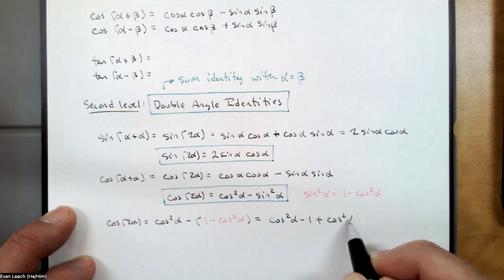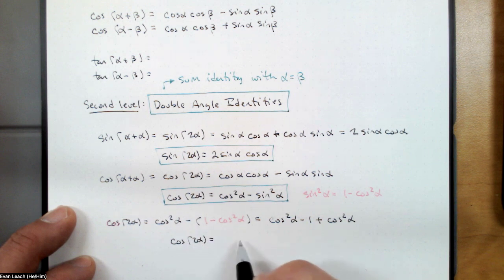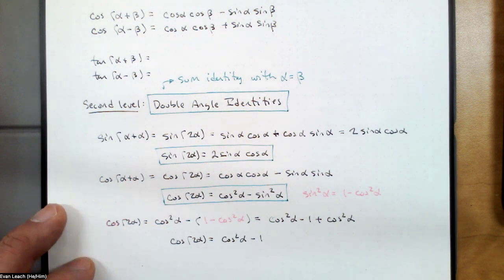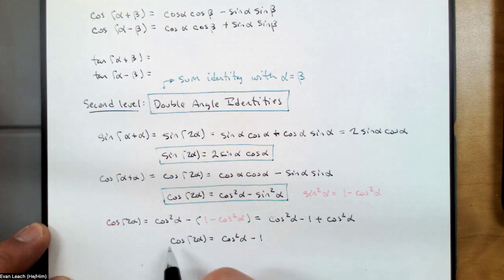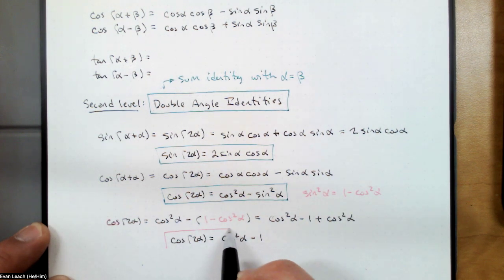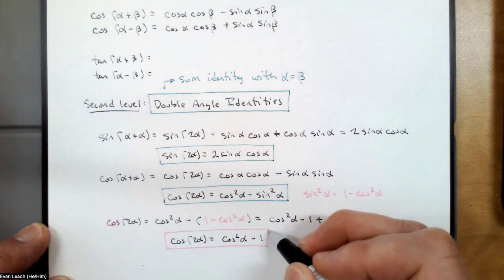So I get cosine of 2 alpha is 2 cosine squared alpha minus 1. So we have this variation of the double angle identity for cosine.